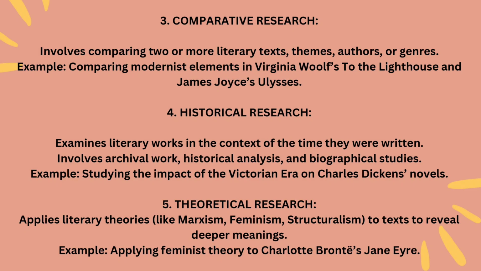Charles Dickens wrote in the Victorian age, and if we closely look at all his works, some Victorian elements are definitely present, because he was writing according to that age, and obviously the things happening in the Victorian period influenced his writings. So this is all about historical research.